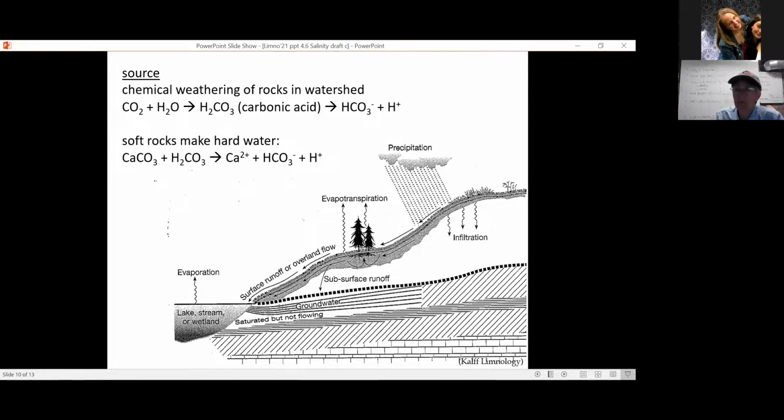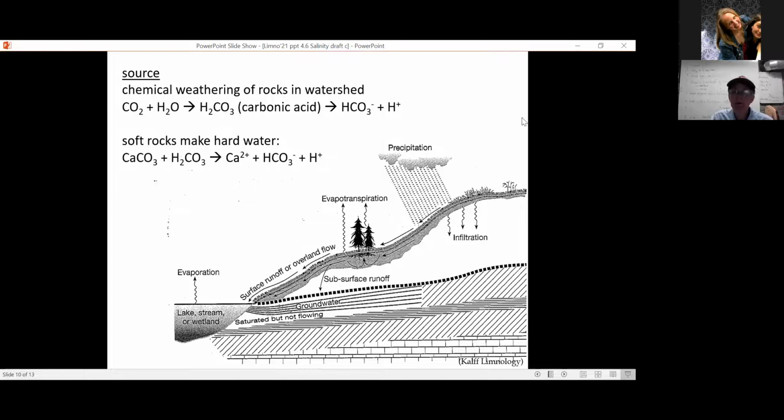That's the definition of an acid: a chemical that, when you put it in water, increases the proton concentration of the water. It increases the concentration of hydrogen ions that are available to do stuff. So CO2 plus water makes a weak acid, carbonic acid.